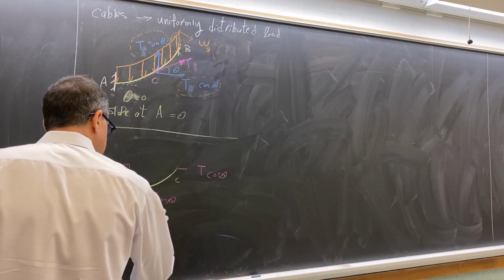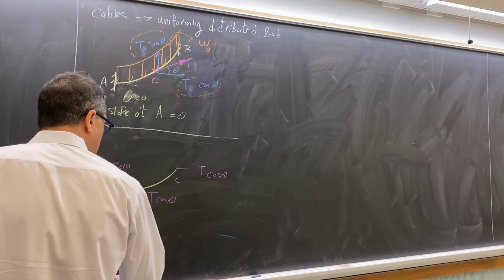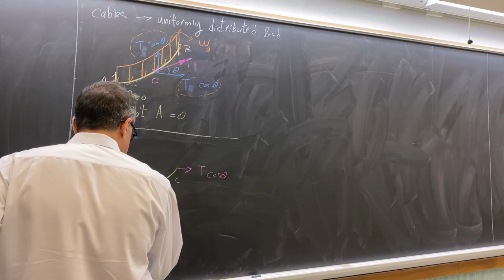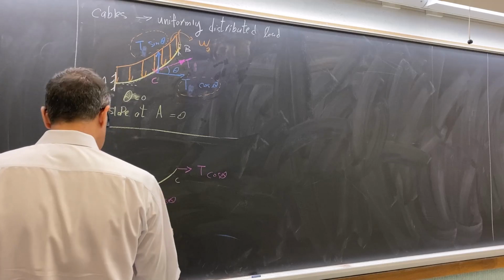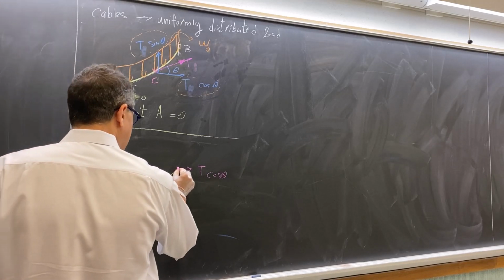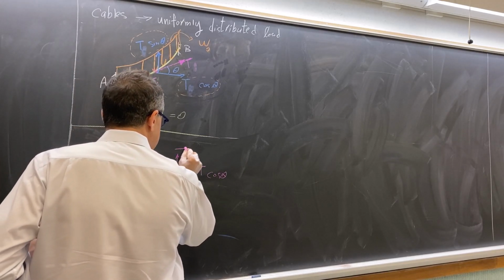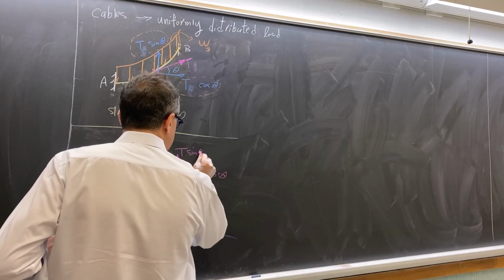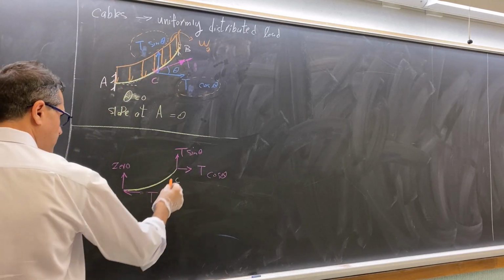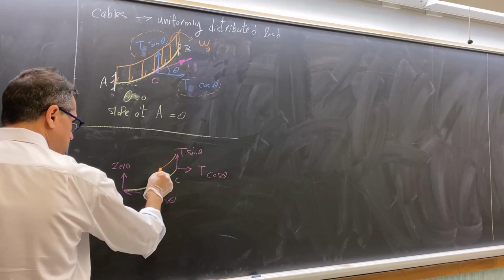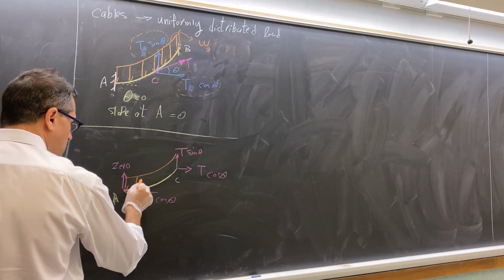To have a consistent system of equations, I draw the arrows in this way. These two cancel each other, and we have T sine theta, and then the uniformly distributed load externally.